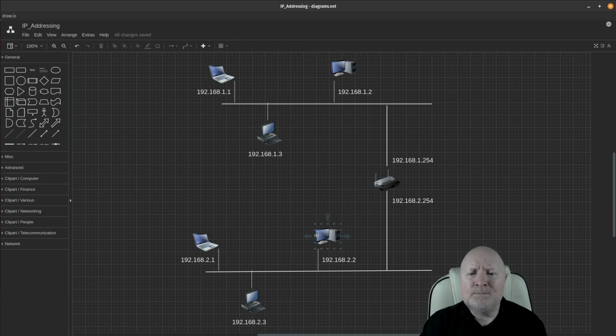Now the PC is going to come to pretty much the same conclusion as the laptop when it wants to send its reply. The laptop's in a different network, the 192.168.1 network, and the PC is part of the 192.168.2 network, so it's going to send the response back to the router. The destination will be 192.168.1.1, the source will be 192.168.2.2.